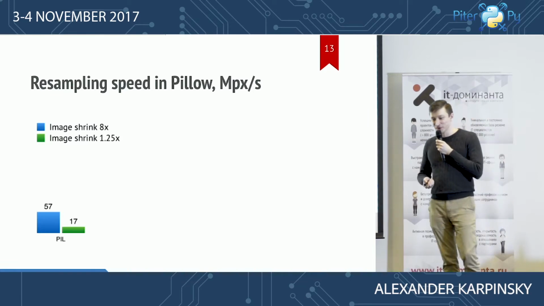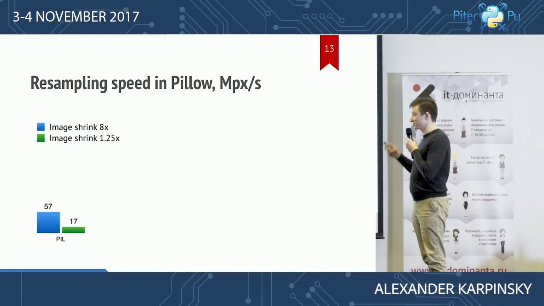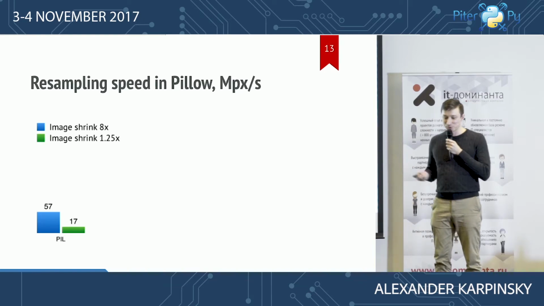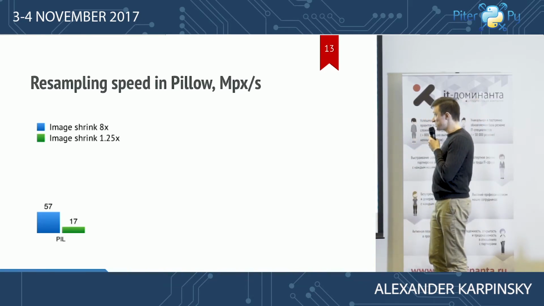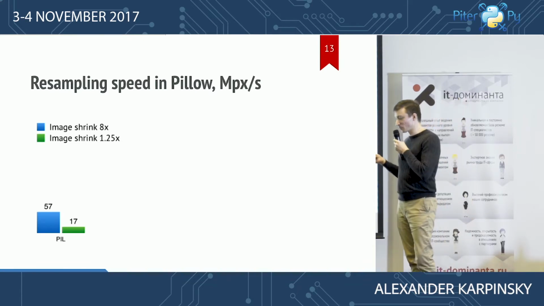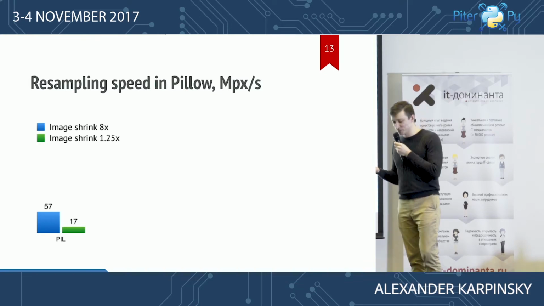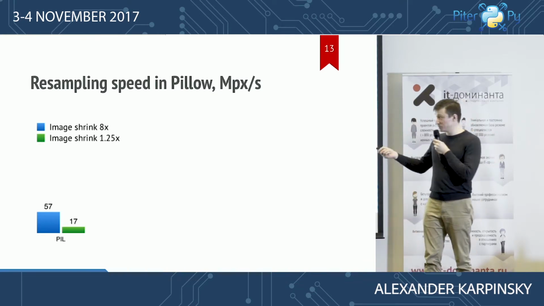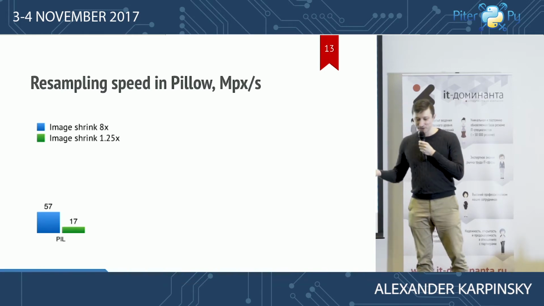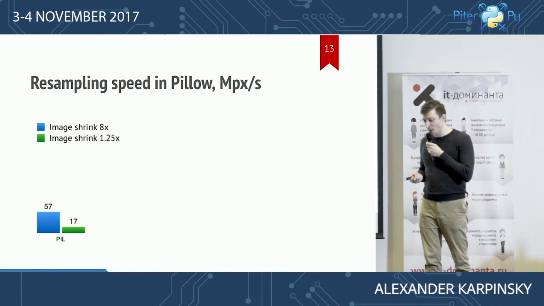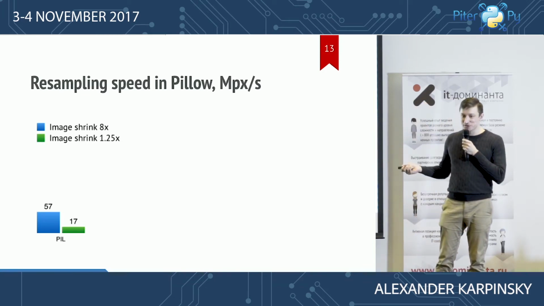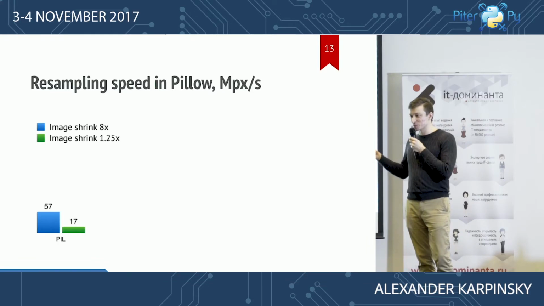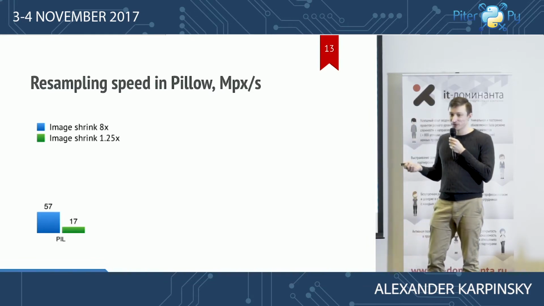The most frequent transaction we need for images, to my mind, is resize. This graph of resizing, or the graphic of decrease, is 8 times, and for the Pillow library it is 1.25, and the performance, if the reduction is 1.25, is 17 seconds.